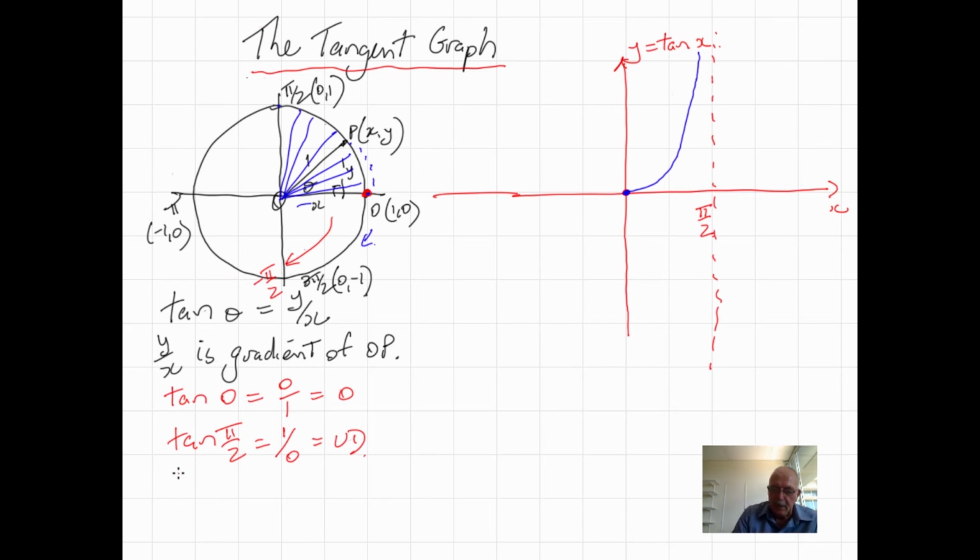So the tan of negative pi on 2, once again, is still the y coordinate, negative 1 on 0. And that's also undefined. So negative pi on 2 will be out here, and I know the graph is not going to cut there either.